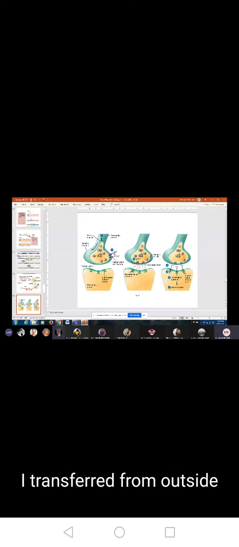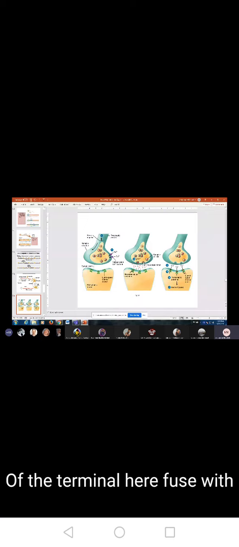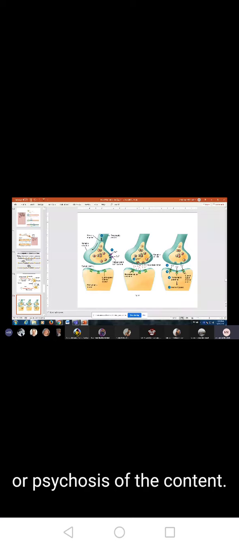By opening of calcium channels, what are you getting? Calcium from outside toward inside the terminals. Once you have increased calcium concentration inside the terminals, you cause more vesicles to dock with the membrane of the terminal here and fuse with the membrane, and by docking and fusion, you get exocytosis of the content.